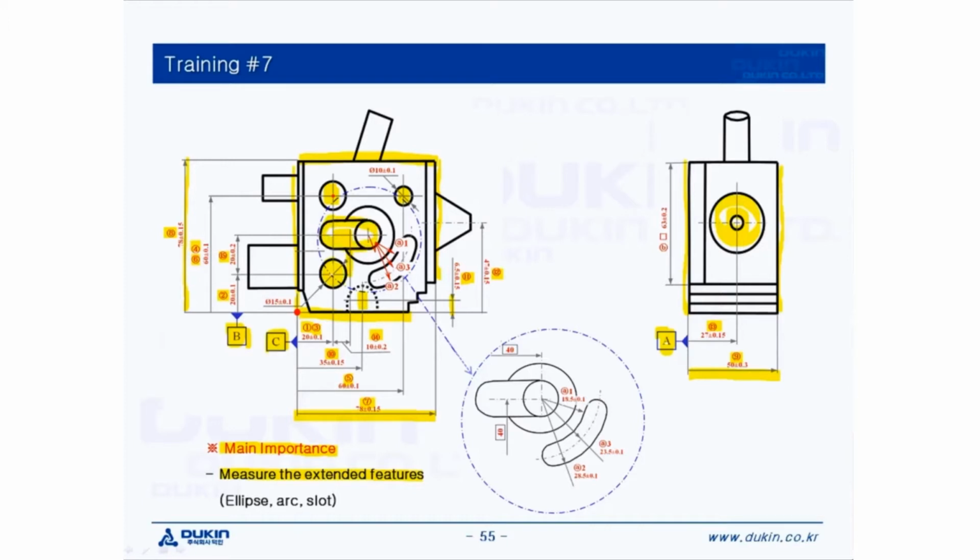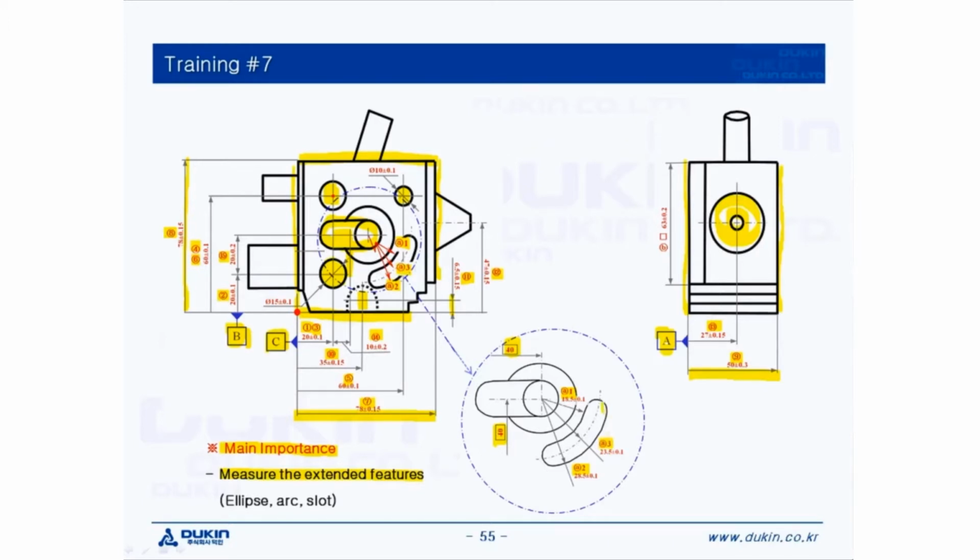And after that, I'm going to measure A1, 2, 3. So A1 and 2 are the single arcs. Measure the center coordinate from the origin and inspect the radius.